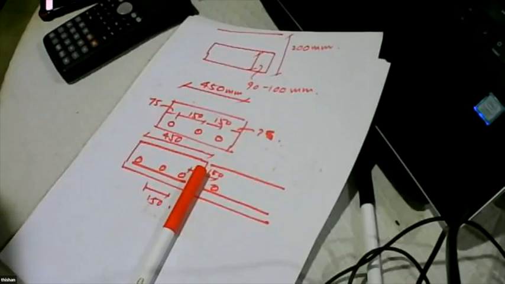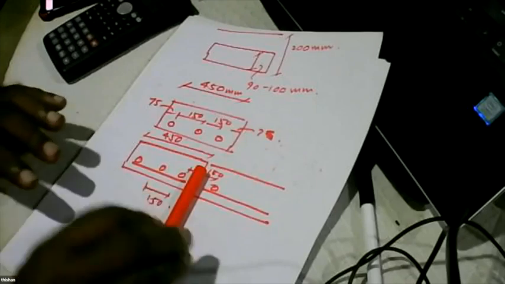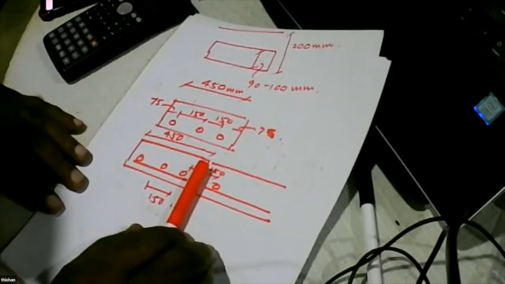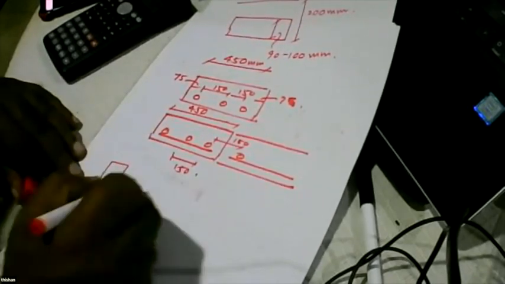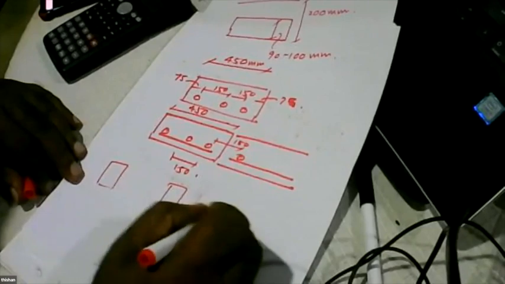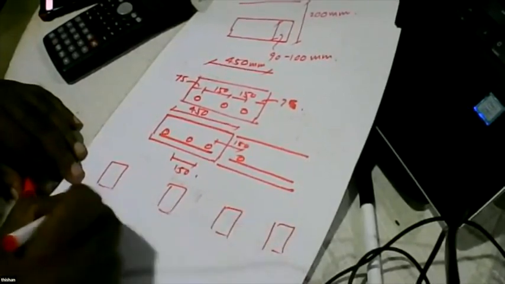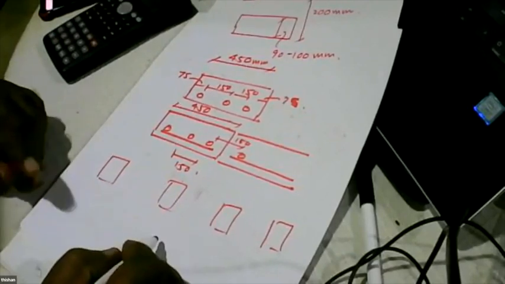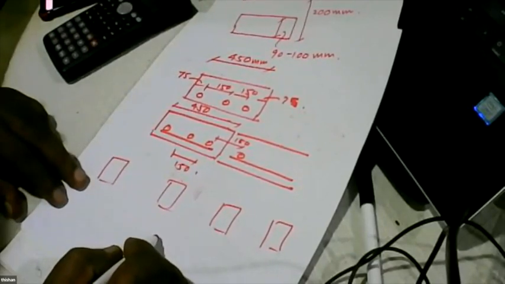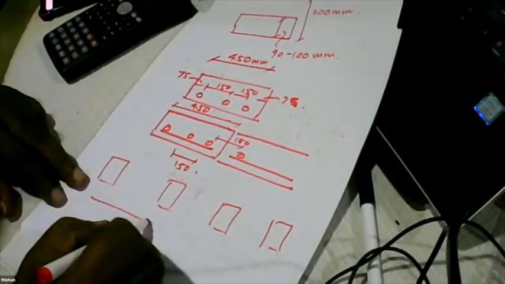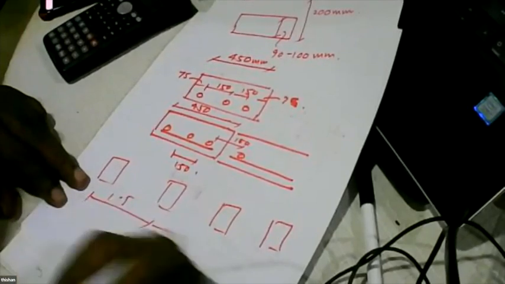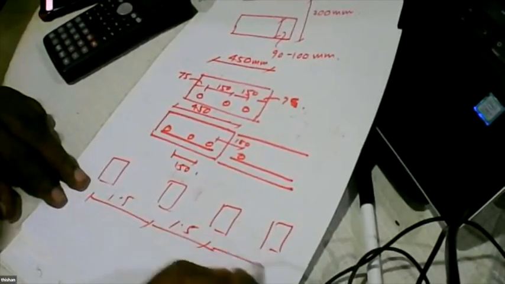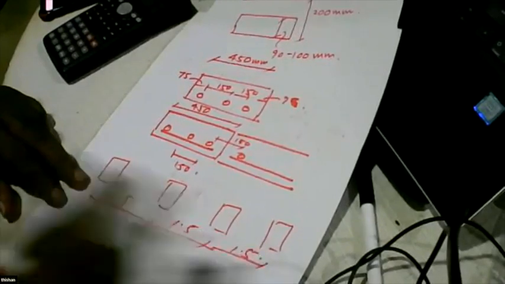Because the lane width is 3 meters, we can go for something like 1.5 meter spacing for all. Once you do this, because we are loading 3 meter wide roads, you can see even 1.5 meter uniform spacing can work very well.